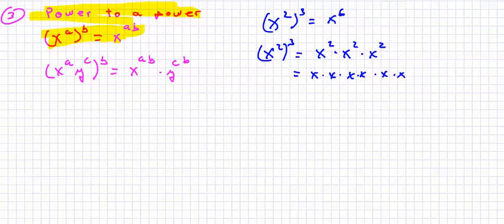All right? I have x squared, another x squared, another x squared, 3 groups of 2, 3 times 2 is 6. So hopefully that makes a little bit of sense.